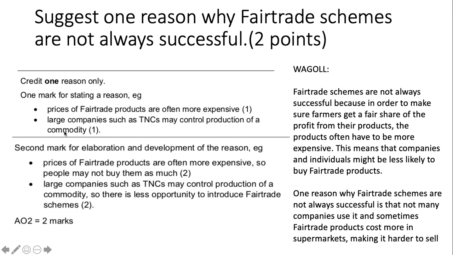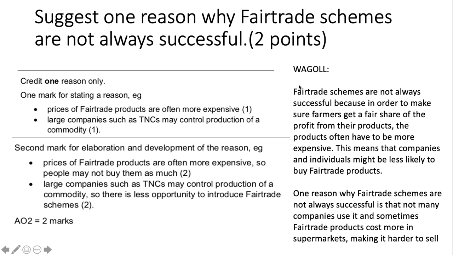They may control the production of a commodity, which means that there might be a larger company that controls the production of, say, cocoa beans, which means that they have less opportunity to introduce fair trade schemes for a number of reasons. So we've got that represented in the WAR goals on the right.